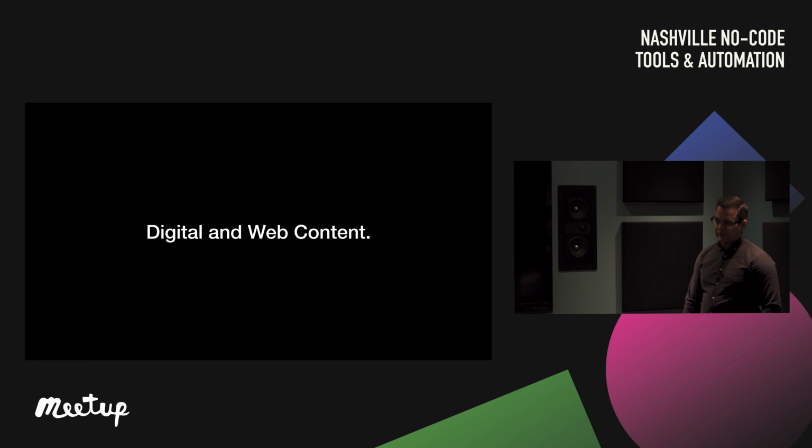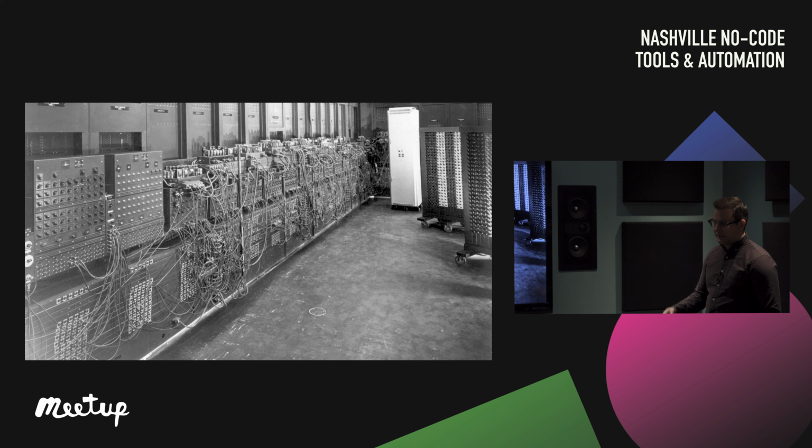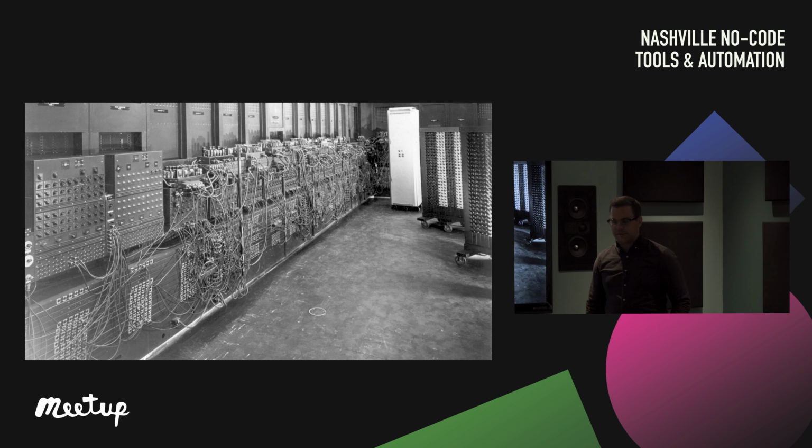So fast forward a few hundred years, and you're into the digital and web content space, right? So humanity has done its thing, figured out some technology, started building things, and then came up with ways to start transferring signals over wires and things of that nature that allowed for the first analog computers.